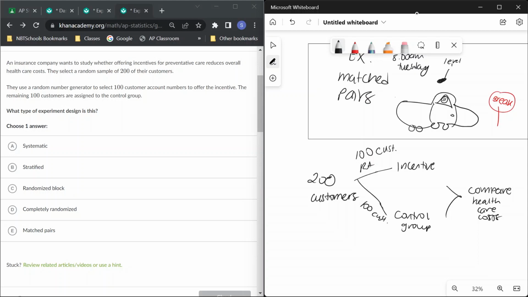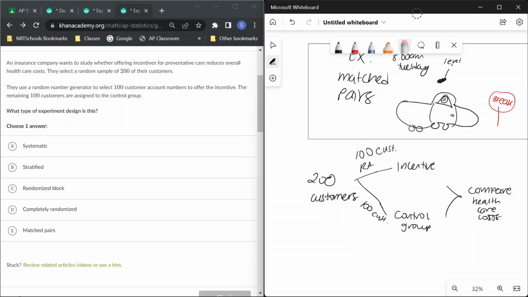And basically what they want to know, by comparing the healthcare costs, is: those who got an incentive, were their healthcare costs higher than those who didn't get an incentive? Essentially everybody wants a lower healthcare cost, so if these 100 customers get greater healthcare costs than those who didn't get an incentive, then obviously the better choice would be to have no incentive.